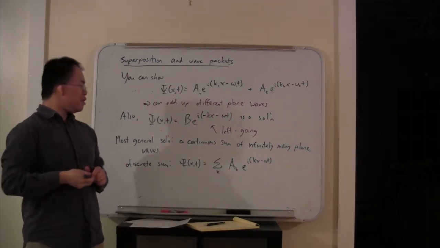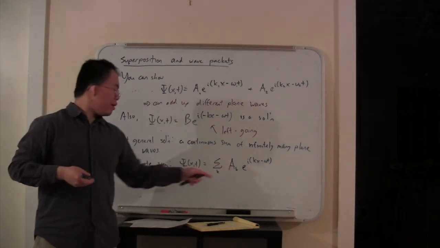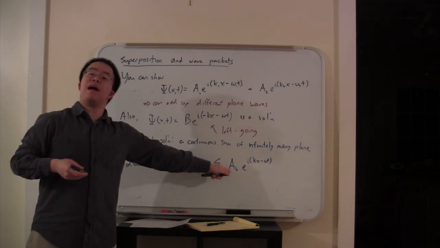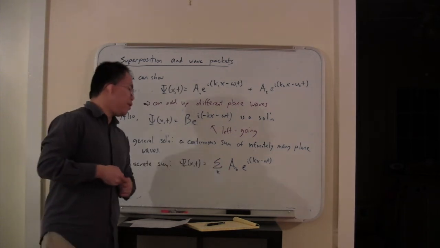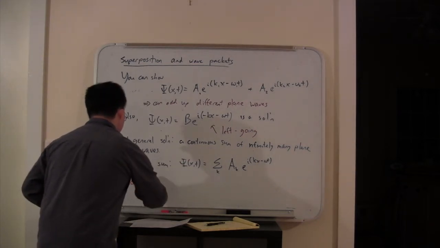So this is adding up a whole bunch of plane waves, where the plane waves have different amplitudes, a sub k. The continuous version of this is an integral.